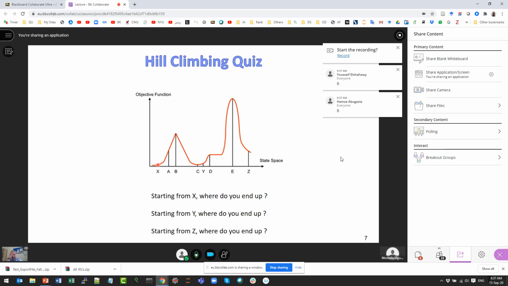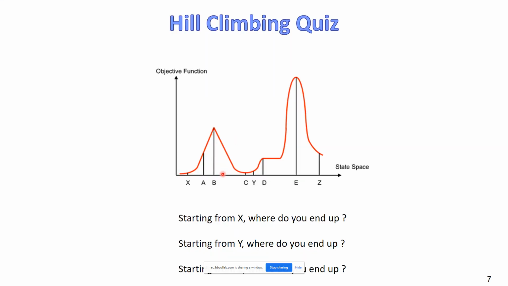Okay, raise your hand please. I want someone to talk to me. Okay, Yusuf? B, why is that? Oh, sorry, you said local, I thought you were saying global maximum, sorry. Yes, it is the local maximum.